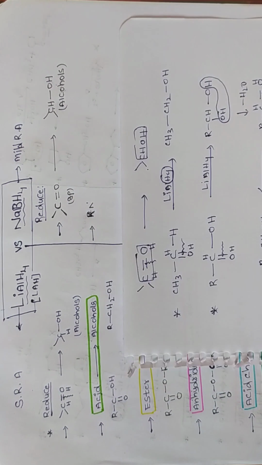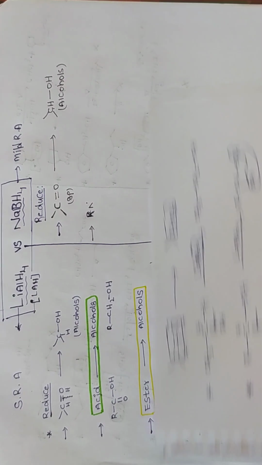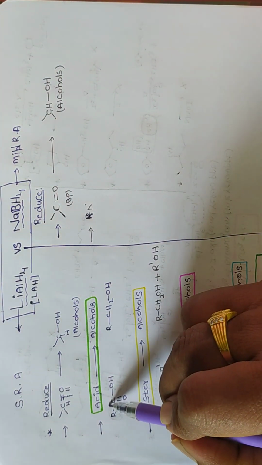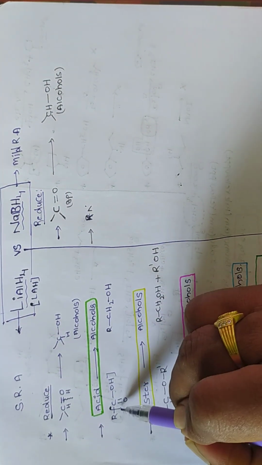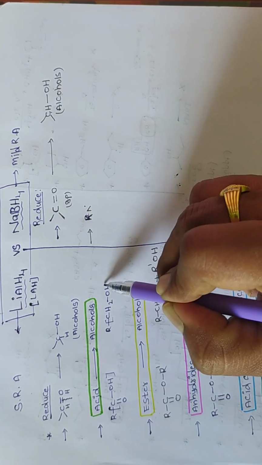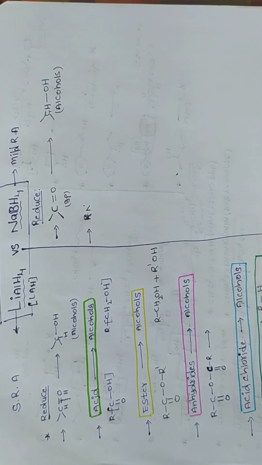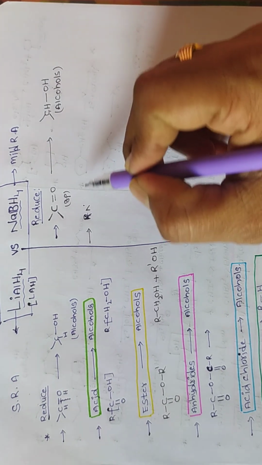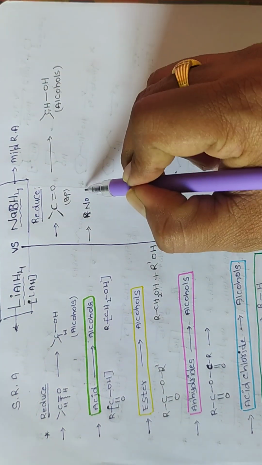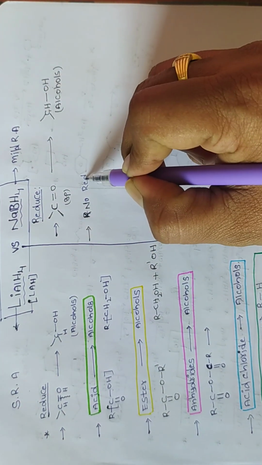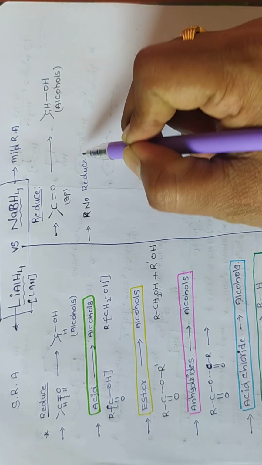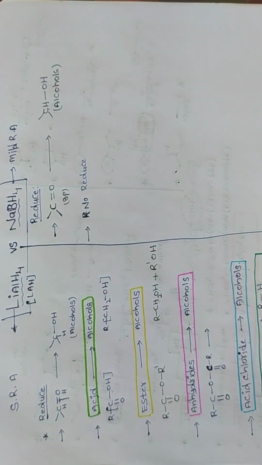So just remember, this acid group is converting into an alcohol group. Whereas here sodium borohydride does not reduce an acid functional group because it is a mild reducing agent.